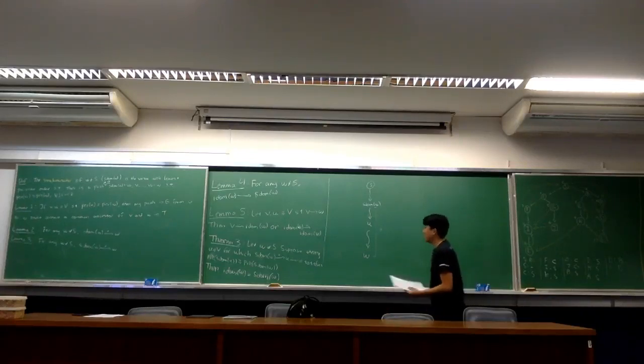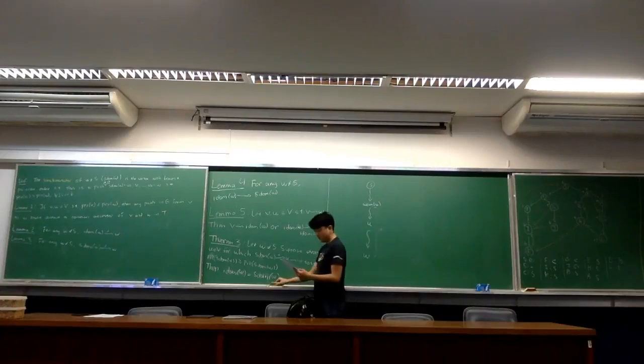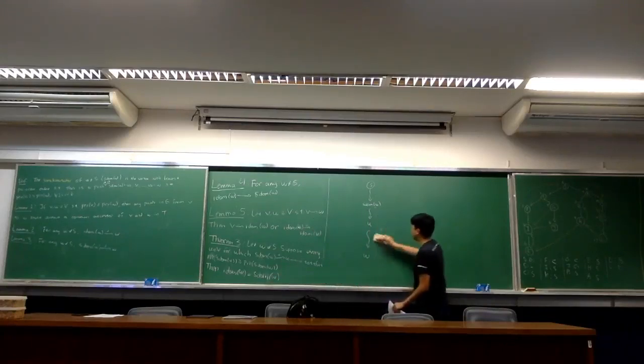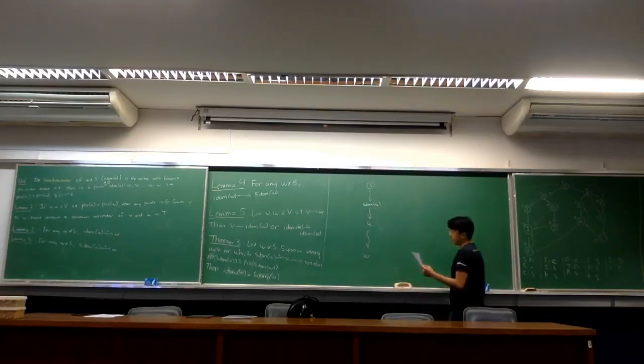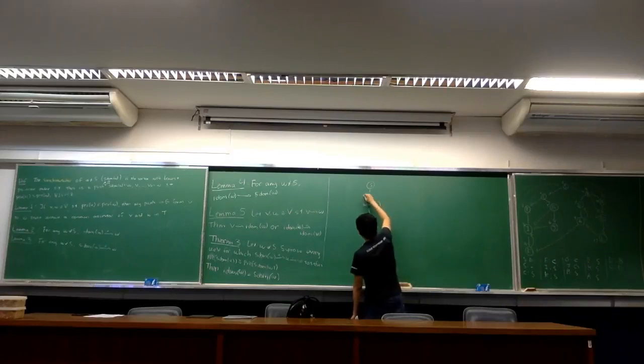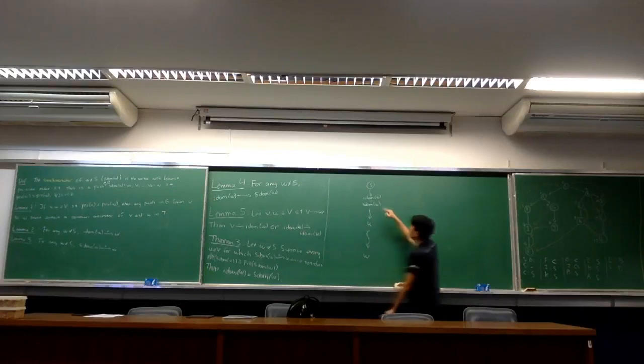Cool. How do we prove this? The semi-dominator of W lies over here. Right? It could be W, but it is either at the idom or it lies above the idom because of lemma 4.